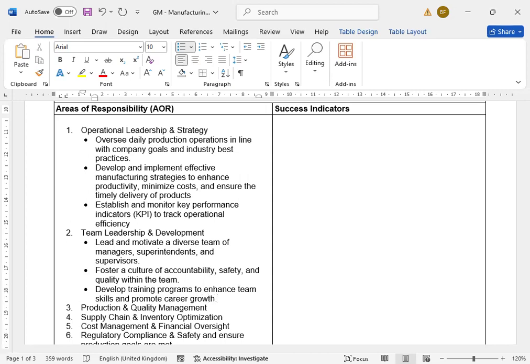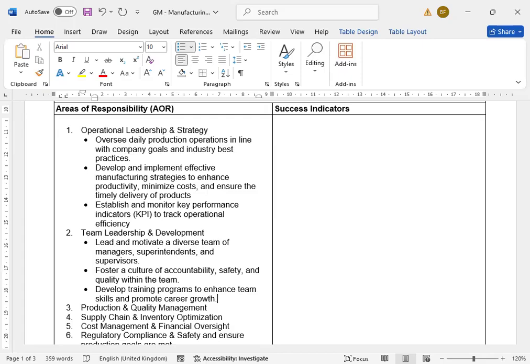The most important of all is promoting career growth, because this is what employees need. They want to grow. Some want to be managers in the future. They want to increase their compensation and get good salaries. They want to learn, gain experience, gain knowledge and skills, and maintain a good attitude.